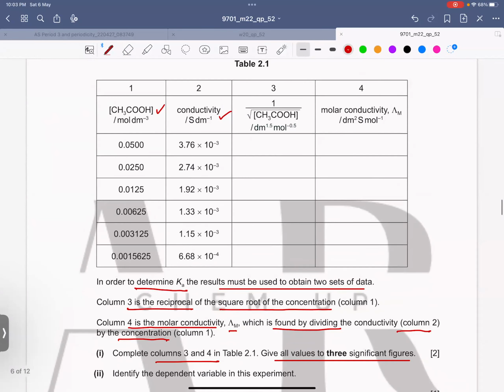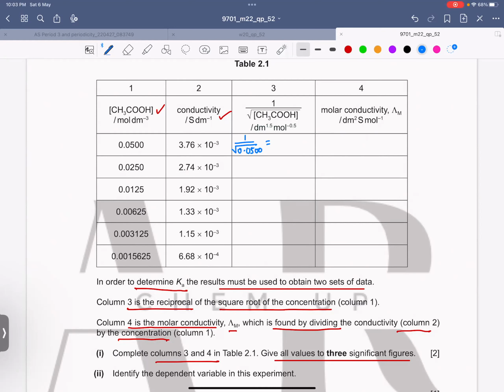Who is going to tell me? Here, what do I have to do? 1 divided by the square root of 0.0500. What is the answer over here? 4.472.